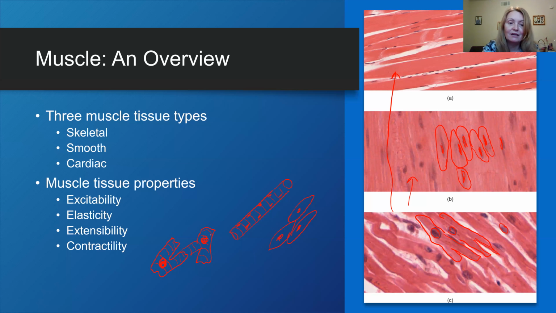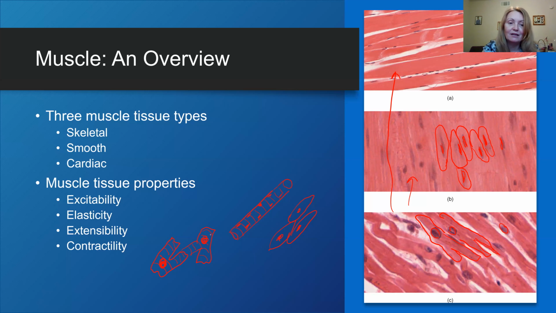Now the individual cell has a connective tissue layer covering it that is called endomysium. This part over here shows the sarcolemma, by the way. Sarcolemma is the cell membrane, right? Cells cannot exist without a cell membrane.